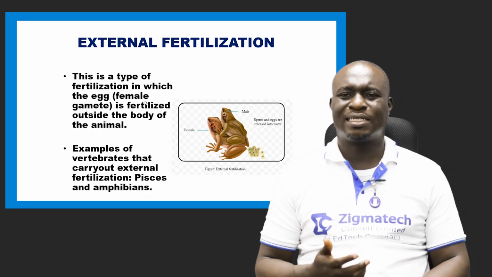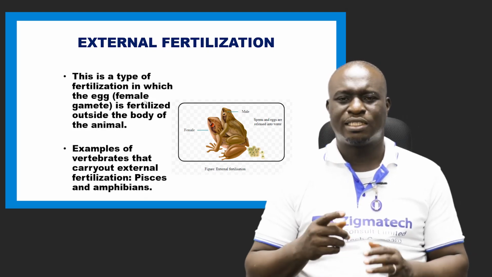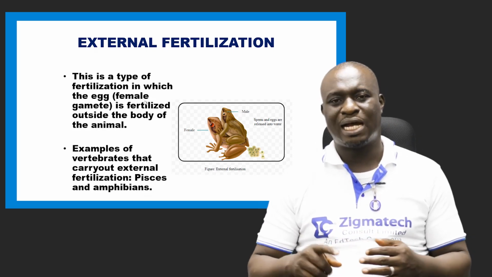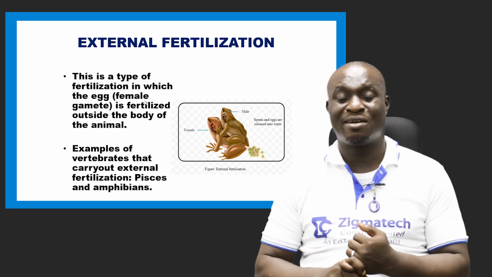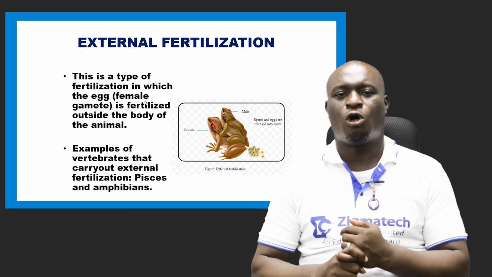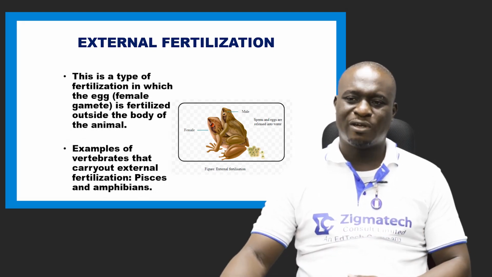Examples of organisms that carry out external fertilization include all Pisces and all amphibians. All Pisces and amphibians undergo external fertilization.